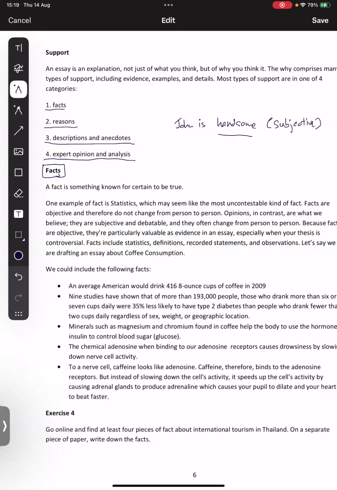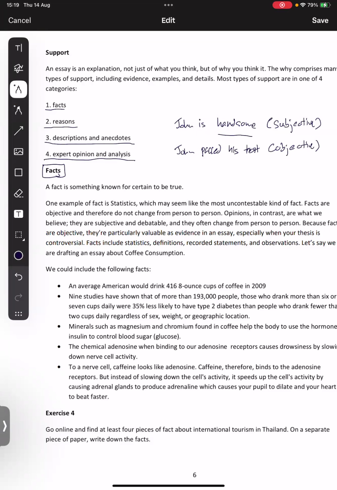It's not like, hey, I failed the test, I passed the test. If I say John passed his test, this can be an objective statement because it can be proven, it can be quantified. For example, if in order to pass any test, you need at least 50%.